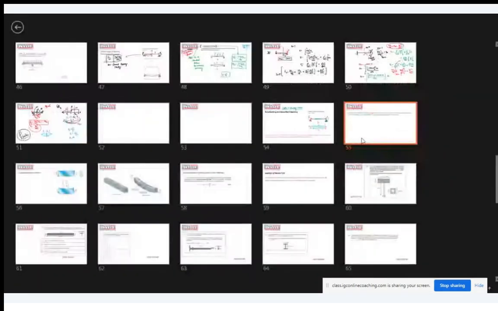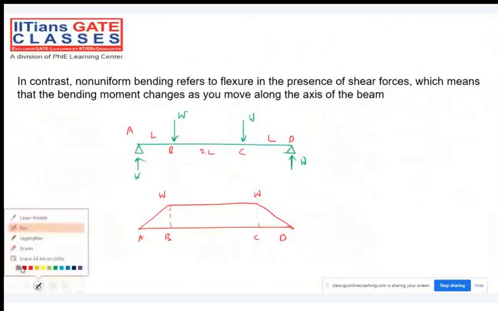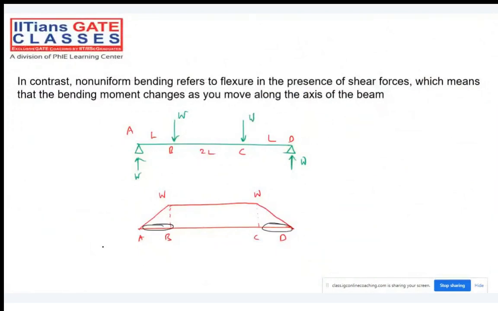You observe very carefully. These are the non-uniform bending. So AB and CD are non-uniform bending because shear force is present. Why is the shear force present?